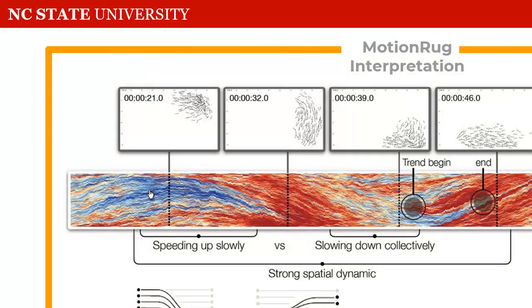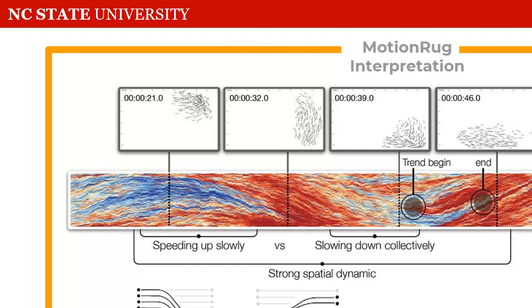So the visual interpretation, this motion rug can have different interpretations. As you can see in this visualization, there are three different interpretations. The first one is spatial change, which is the changing of the direction of the movers. You can see it here, the direction is changing, and here it is speeding up slowly, and then all of them have high speed, and then they are slowing down.